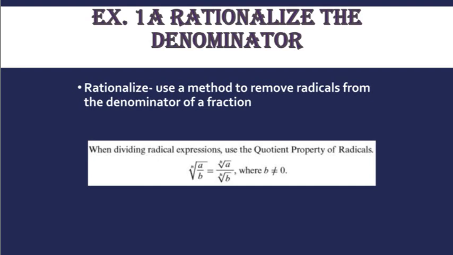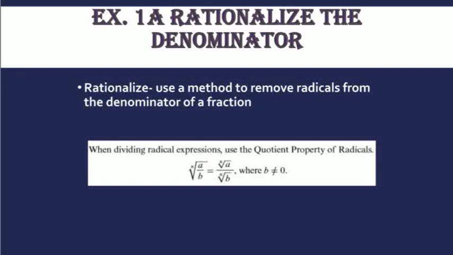You've already learned this year that if you multiply a radical by itself, so a radical times a radical, it removes the radical symbol. So the square root of 4 times the square root of 4 is 4. In this example here on the screen, you see square root of a divided by b.